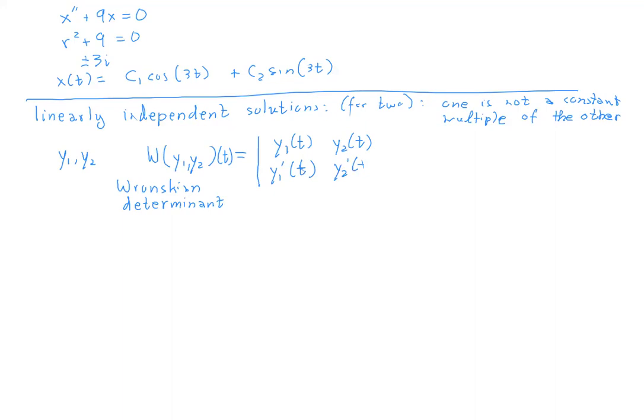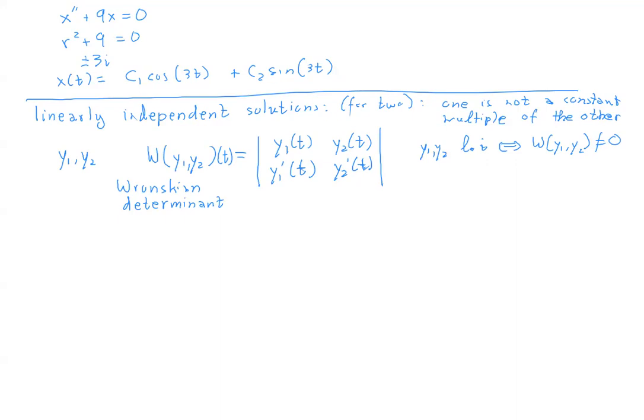And the funny thing is that in the setup that we're studying, y1 and y2 are linearly independent if and only if their Wronskian is different from 0. And in fact, here there is a very surprising fact. It just suffices to be different from 0 at one point in the domain of definition, and then it will be different from 0 at every other point.